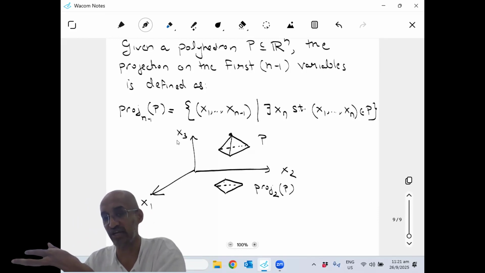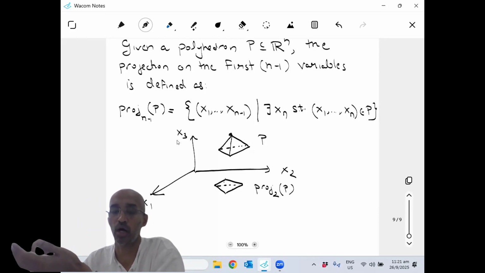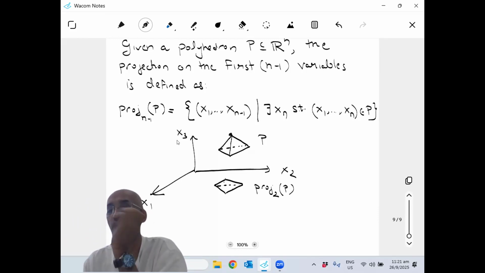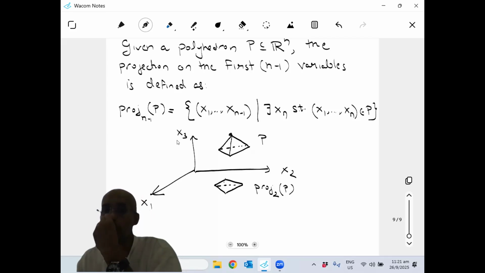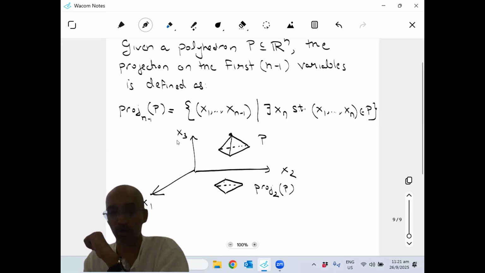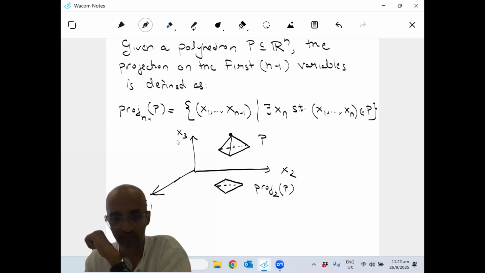If you want to now project this set, let's say onto x1, so I want to project out x2. How will it look? If I take this set and project it onto x1, it will simply be this part. So from here to this line, from here to here, will be this part.